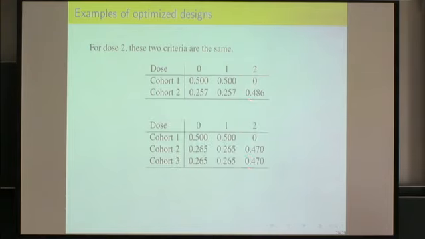Or if we know in advance, if we say that if we have to stop there, then we'll have a third cohort, then you can get away with a bit less there. But of course, as you go on for subsequent cohorts, the designs on those two criteria do become more and more different, because one tends to put more on the control and the others tend to put a lot on the last two doses.